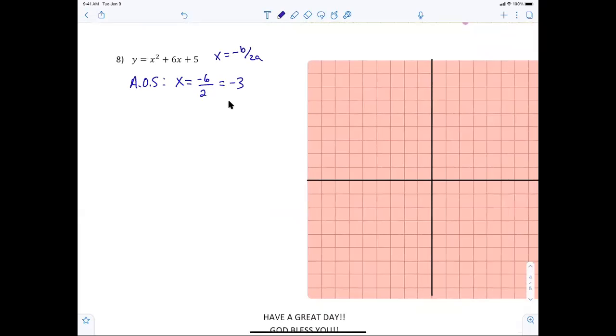All right, here we go. So now we're going to graph x equals -3. Everybody good with this? Yeah. All right, now we need the vertex.